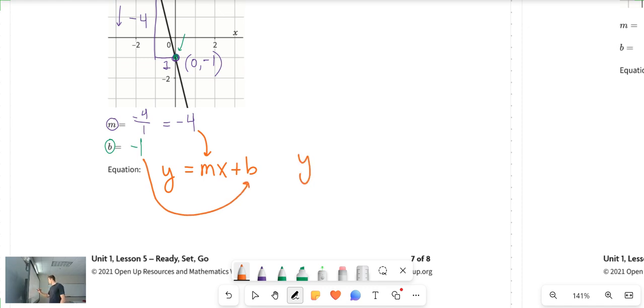So we end up with our equation, y equals -4x minus 1, because our b value is -1. If we add -1, that's the same as taking away 1. So that is our final equation.